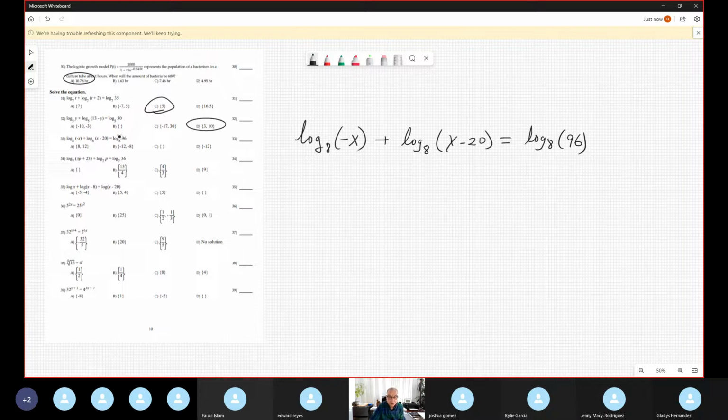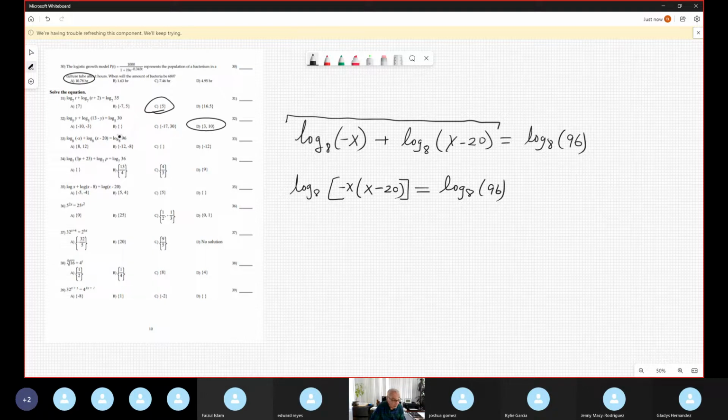As always, you condense this and this in only one logarithm. Logarithm base 8 of the multiplication minus x times x minus 20. And this is the new argument of this logarithm that condenses this and this in only one, equal to logarithm base 8 of 96.